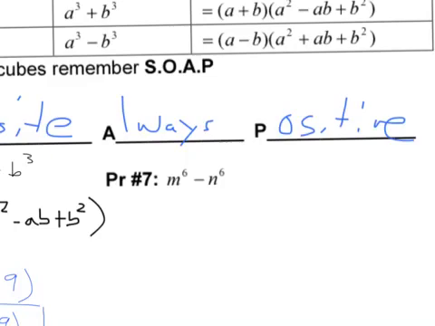And some of you guys are saying, well, this is to the 6, it's not to cubes. Well, that's true, but you could rewrite this as m squared to the 3rd minus n squared to the 3rd. So your a and your b would be m squared and n squared. That's fine, you can do that.